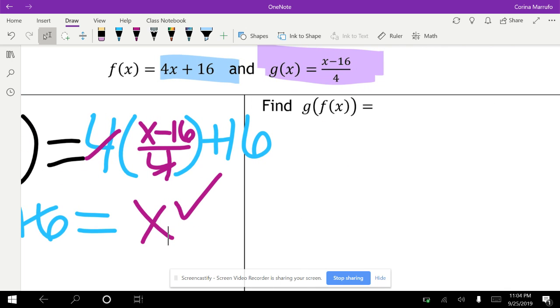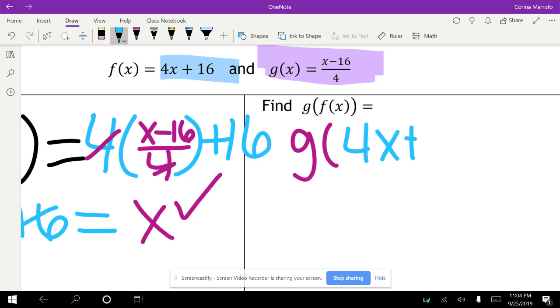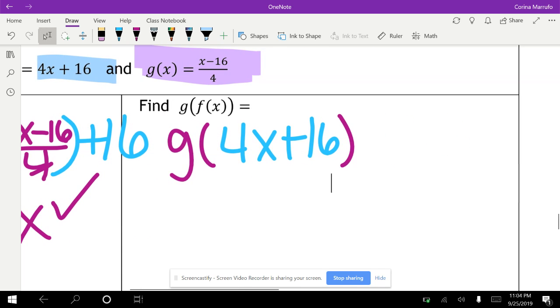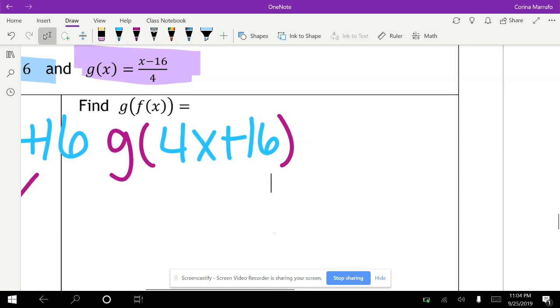But we also have to plug it in the other way around. So we are going to take our g function, and they want us to plug in our f function. Now my f function is 4x plus 16. So what they want us to do is start off with the g function.